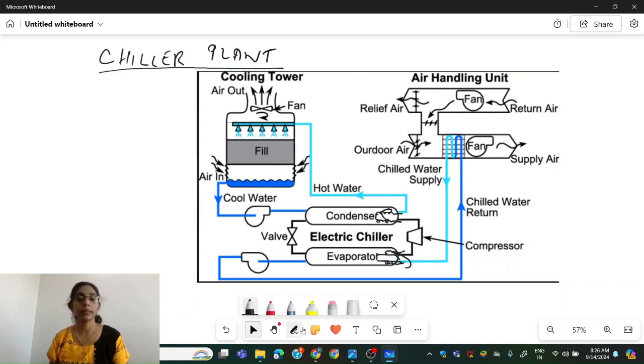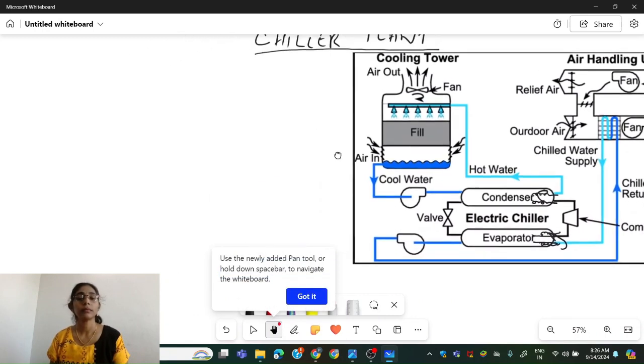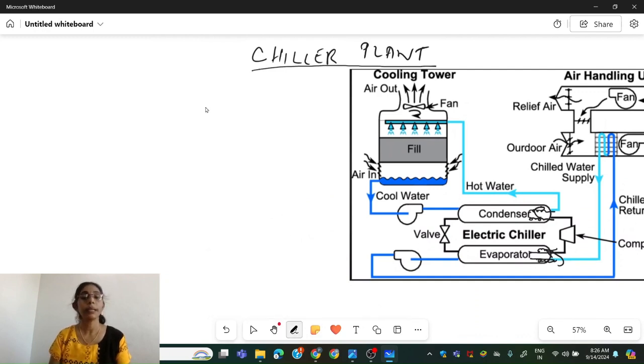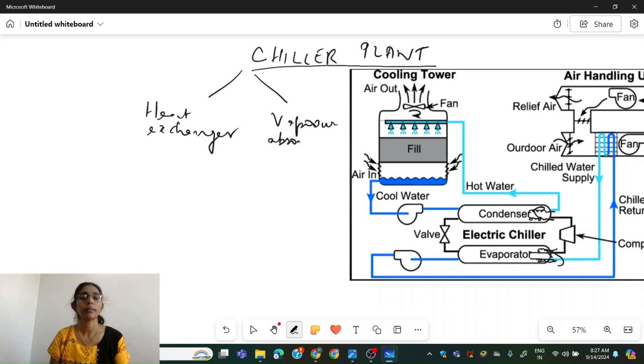So again, as a quick summary, we can classify the chiller plant into two types. One is the heat exchanger type, and I hope the other one you remember, that is the vapor absorption type. Right?